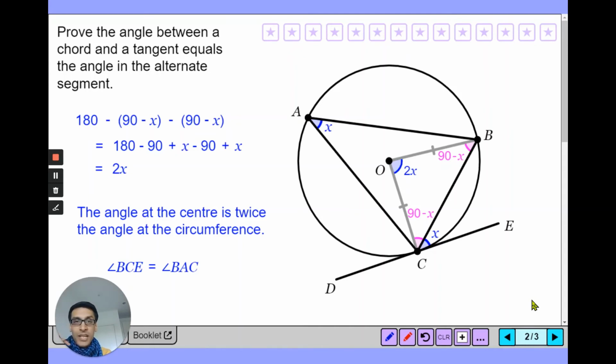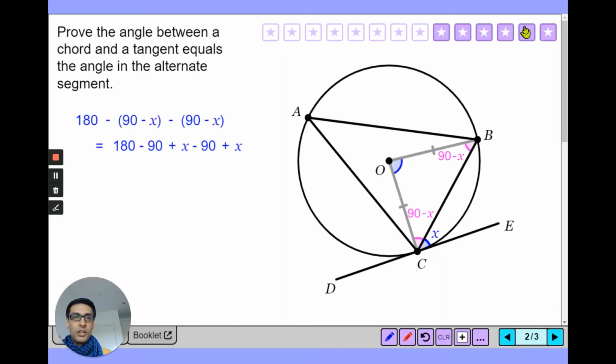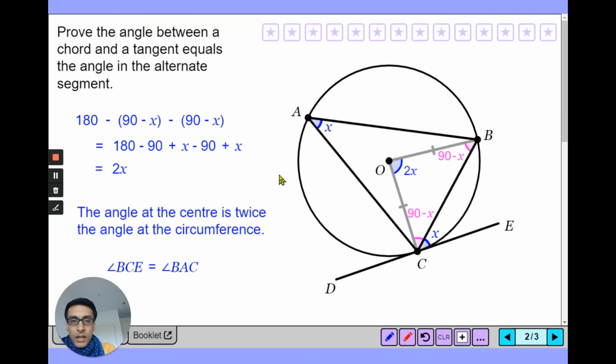So pause the video now, copy this blank diagram, even though you probably already have made notes in your books, and then have a go at proving this theorem. Okay, so now I'm going to show you the answers again, which I've already shown you. So this is what you should have on your piece of paper that you've just tested yourself with.